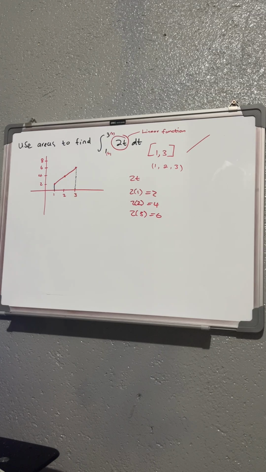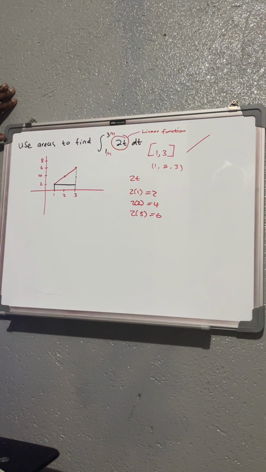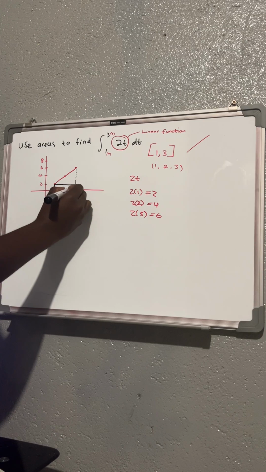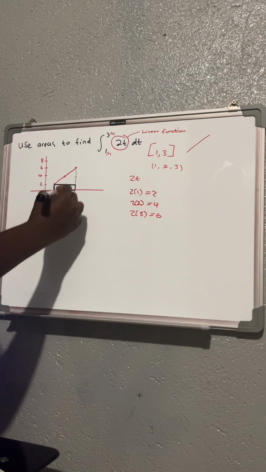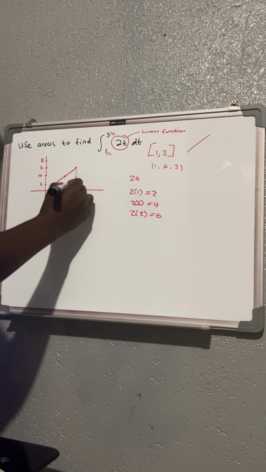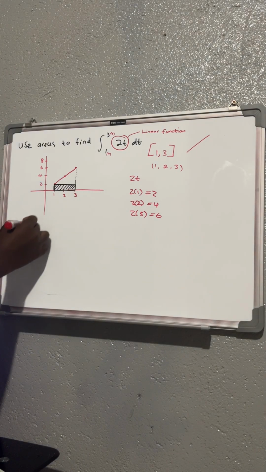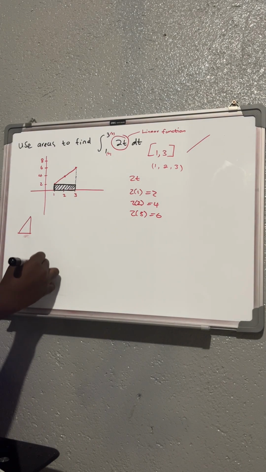But if we were able to cut this one here, we would be able to work them out, because we are going to have a square at the bottom and a triangle at the top. So let me just do it like this. We have this one and the one at the top, a triangle at the top, then we also have our square at the bottom.